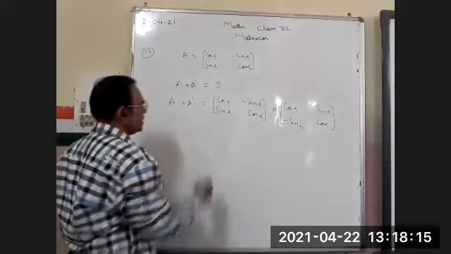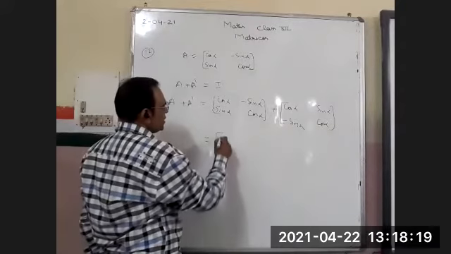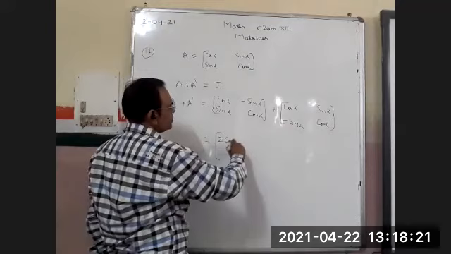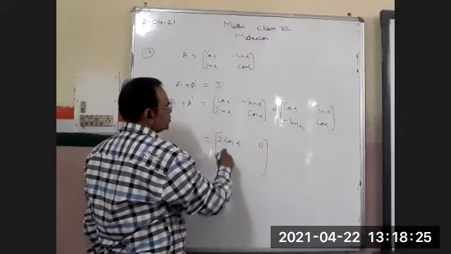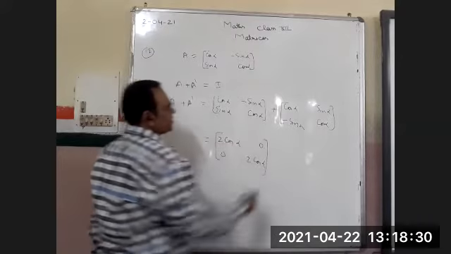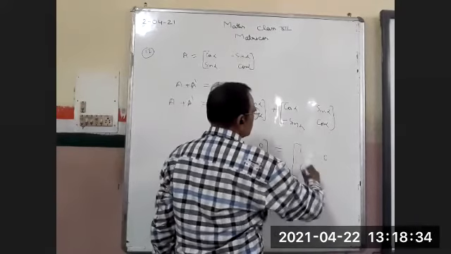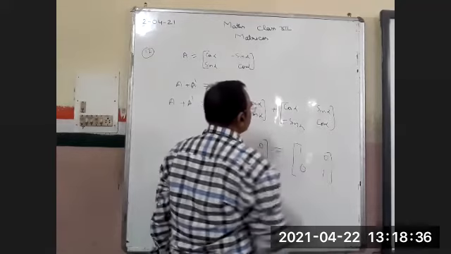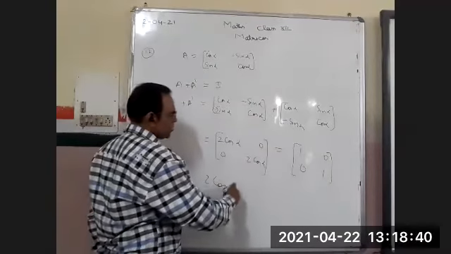If we add both the matrices, we get 2 cos alpha, 0, 0, 2 cos alpha, which they have given equal to the identity matrix, 1, 0, 0, 1. So corresponding elements should be equal. It means 2 cos alpha should be equal to 1.